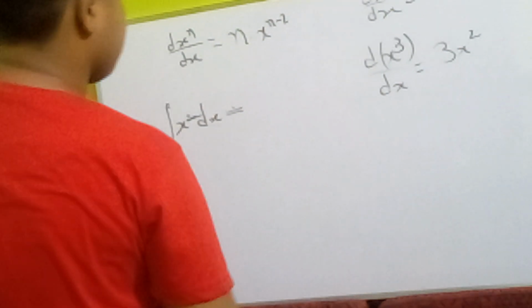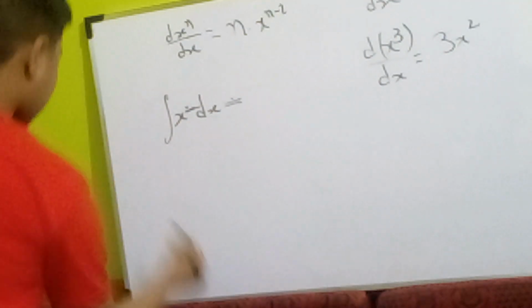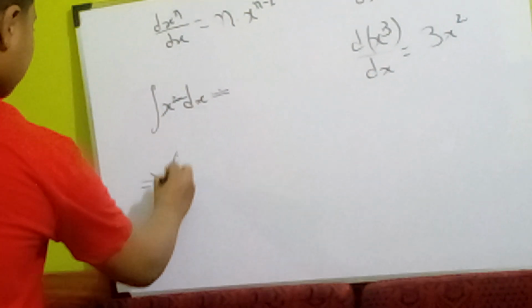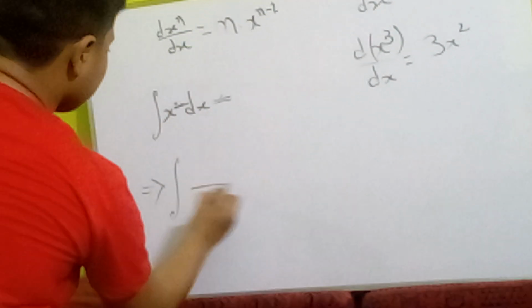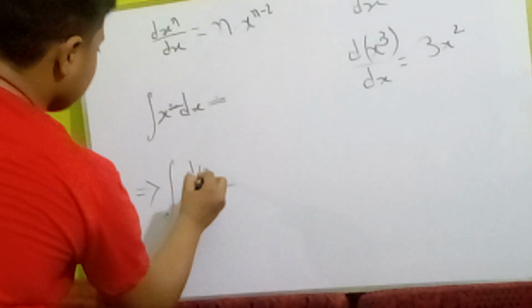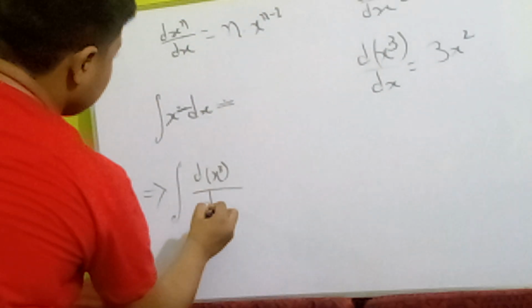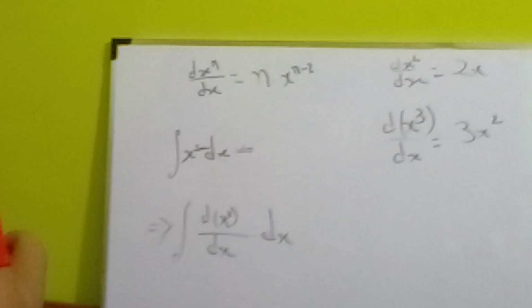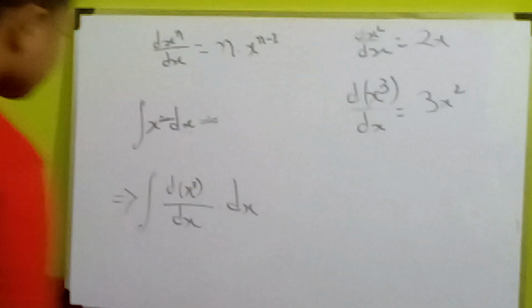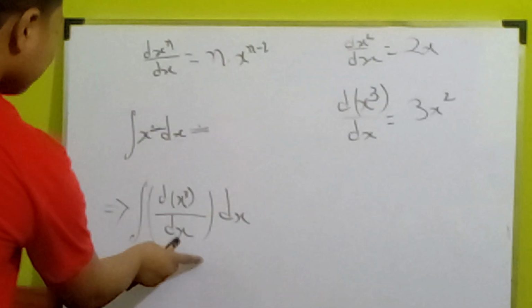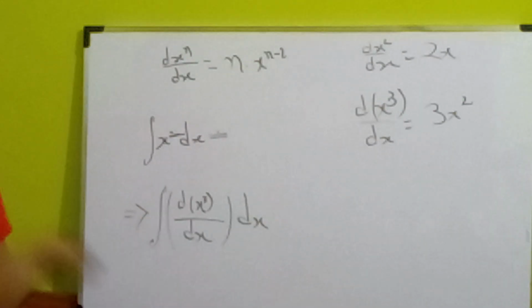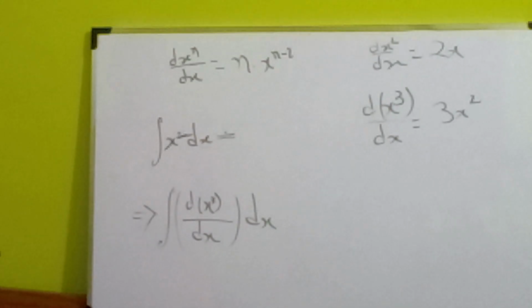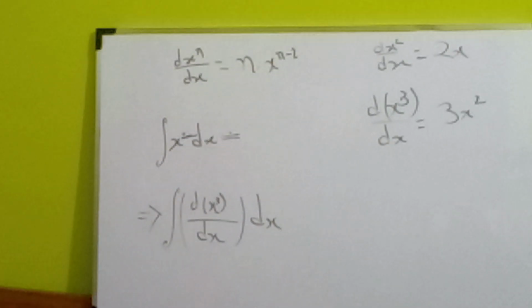Wait, let's get to this. So we're going to be writing x squared in terms of this. The derivative of x cubed times dx. Now, as you know, this little thing will just give us 3x squared. And another thing, as we know, integrals and derivatives are interchangeable.